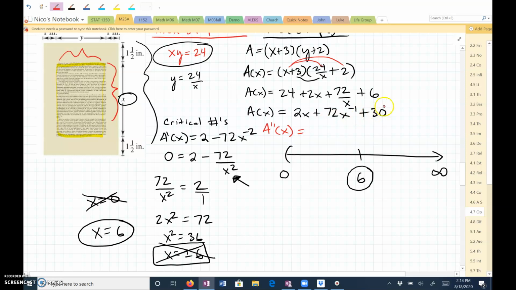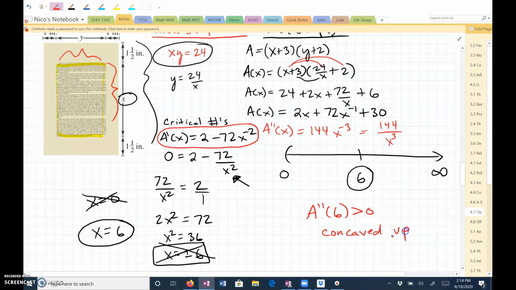So I'm going to take the second derivative of this, which would be 144x to the negative third, which is 144 over x cubed. And then let's test. A double prime of 6, that's going to be positive. That's going to be greater than 0. So this is going to be concave up. Okay, so this is concave up. At this point here, this is going to be a relative min.